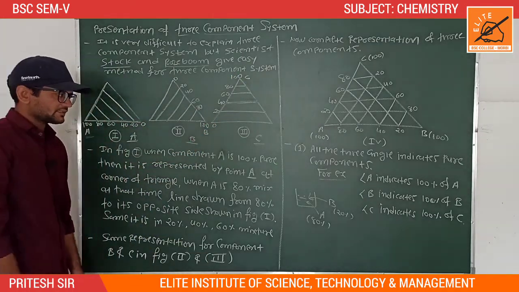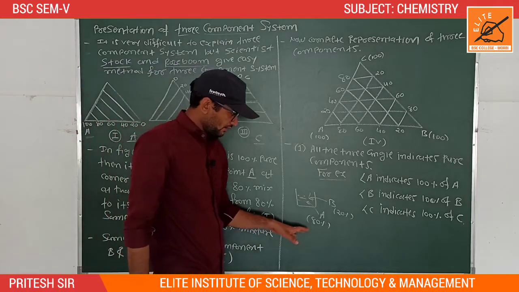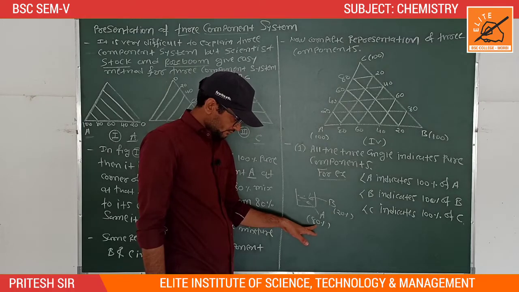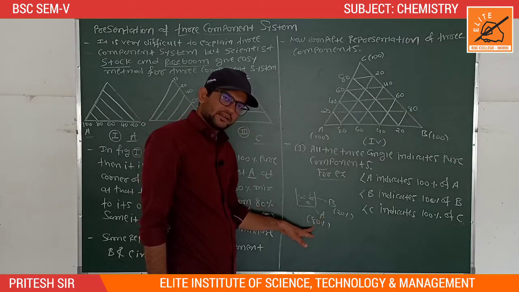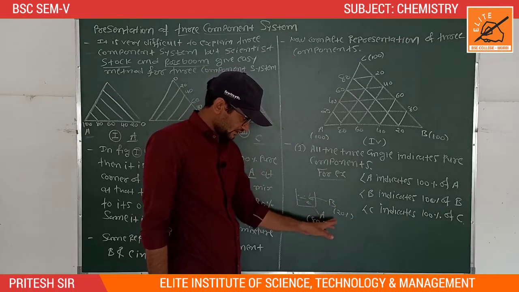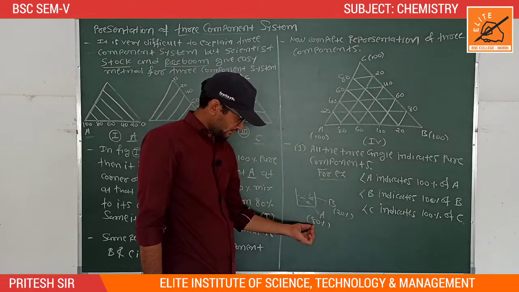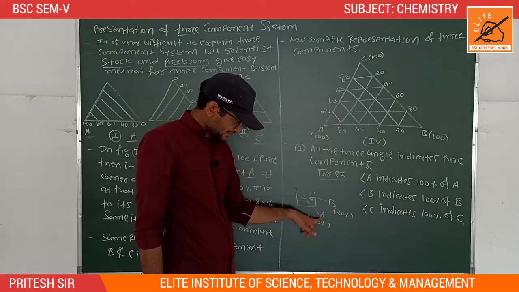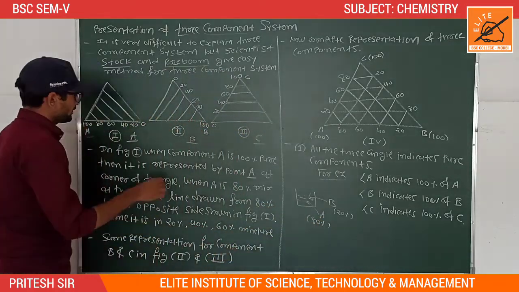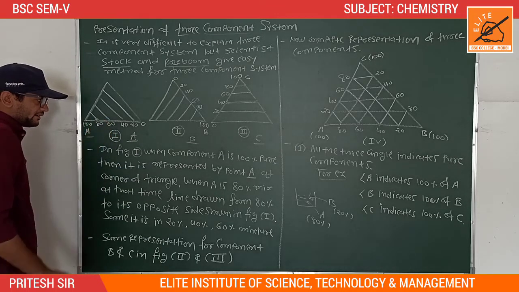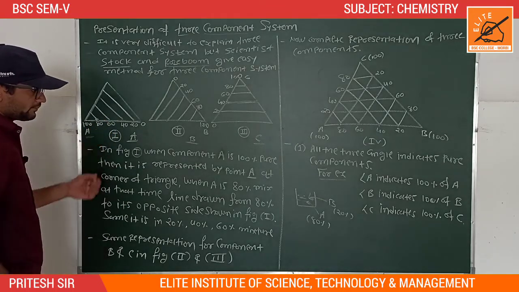Okay, so in this example we take two components, first A and second B. Here the composition of A is 80% and the composition of B is 20%. So we denote two different points. First one is for A, where A is 80% at that point.